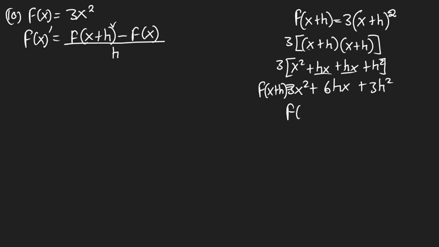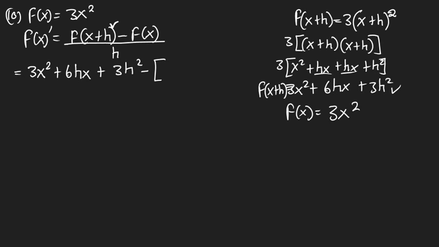Now we can find our f of x, which happens to just be 3x to the power 2. We can replace in. So where there is this guy, I'm going to replace with this, minus 3x to the power 2.